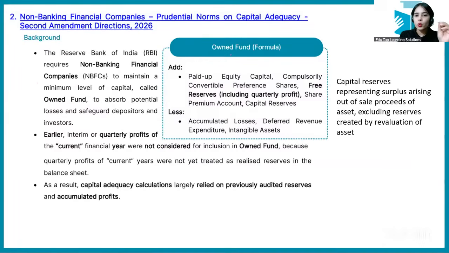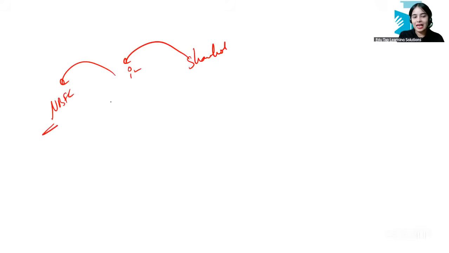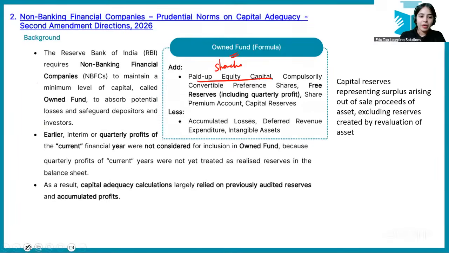Now, this owned fund consists of the paid up equity capital. That is, if the shareholders have invested in the company, this is the money of the NBFC now because it has got the money. It is the company's funds now. So paid up equity capital means the shareholders invested money.